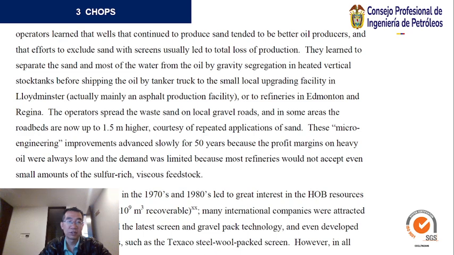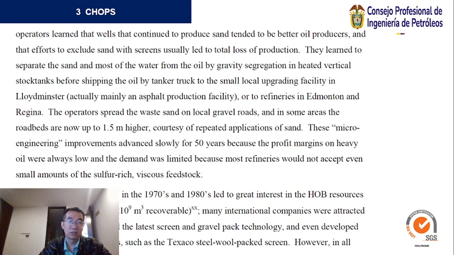These macro-engineering improvements advanced slowly for 50 years because the profit margin on heavy oil was always low and the demand was limited, because most refiners could not accept even small amounts of the sulfur-rich viscous feedstock.